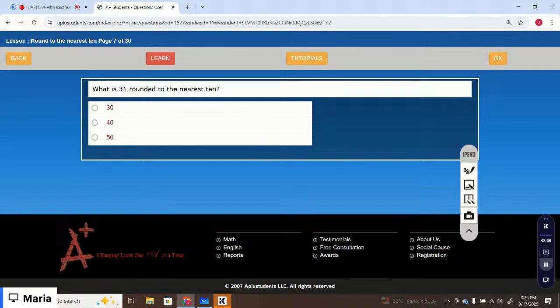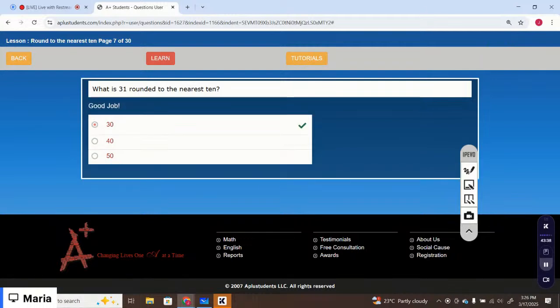What is 31 rounded to the nearest 10? Thirty-one is rounded to 30. Option number 1 is the correct option.